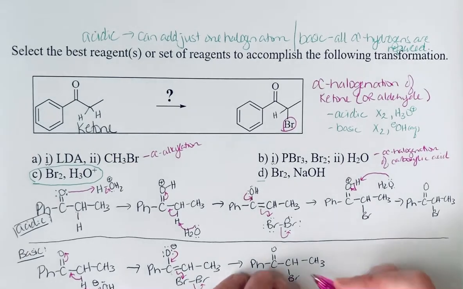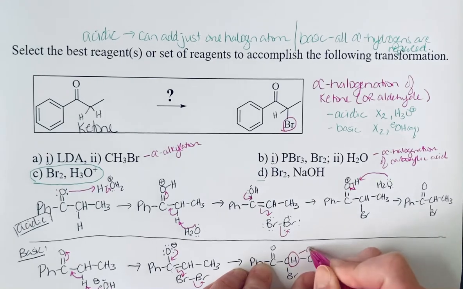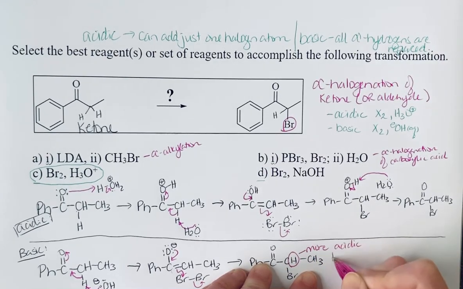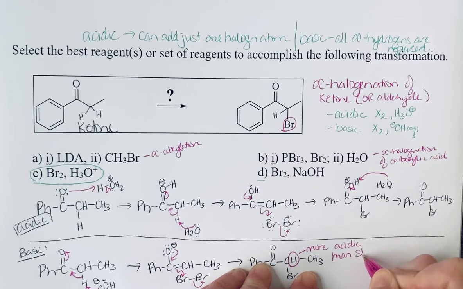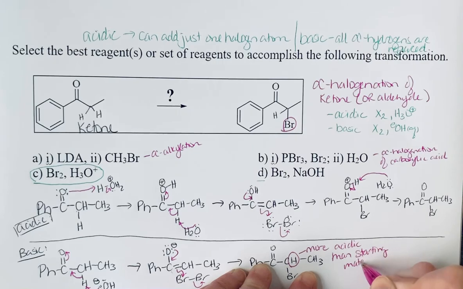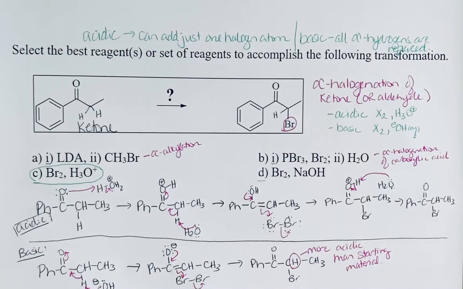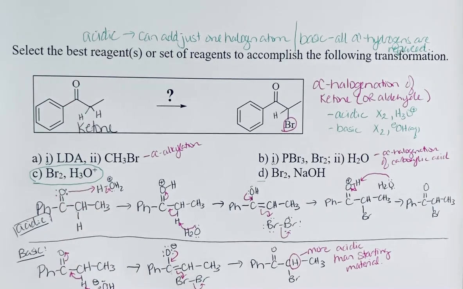So this proton is more acidic than the alpha proton in your starting material. So that's why we can't control this reaction under basic conditions. So if you're trying to use this alpha halogenation in a synthesis, you most likely want to add just one halogen. So you're going to see that these acidic conditions are the ones that are used.